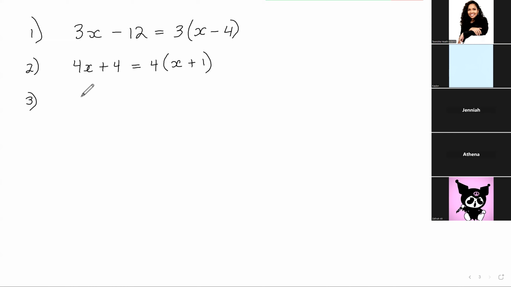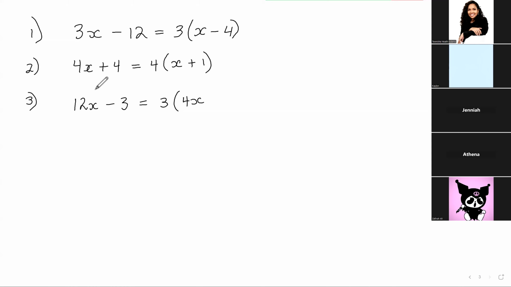Athena, what about 12x take away 3? What's the common factor there? 3. Yes, 3 is right. Okay, so 3 times what gives me 12x? 3 times 4x will give me 12x. 3 times 3x will give me 9x.